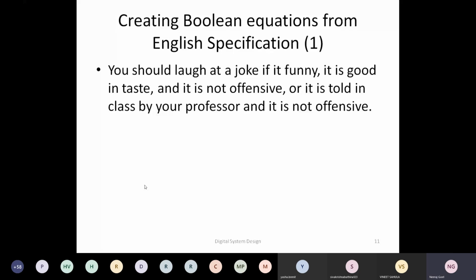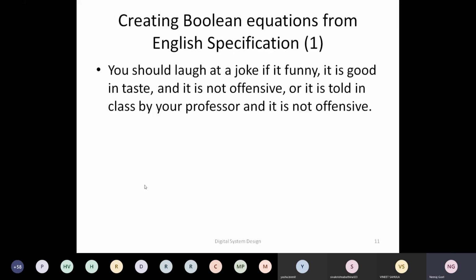So you see, this is English language, but it is precise enough that we can make a Boolean equation out of it. How do we go about creating Boolean equations out of this specification?